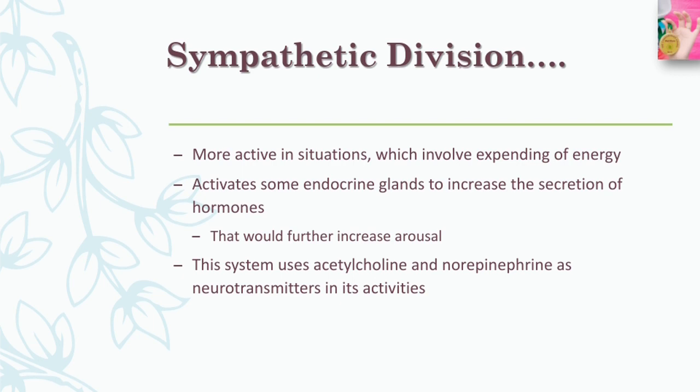In general, the sympathetic nervous system is more active in situations which involve expending of energy. It activates some endocrine glands to increase the secretion of hormones that would further increase arousal, and this system uses acetylcholine and norepinephrine as neurotransmitters in its activities.